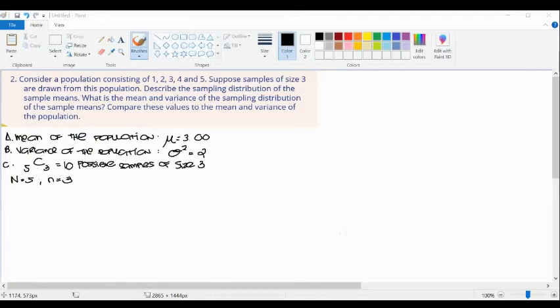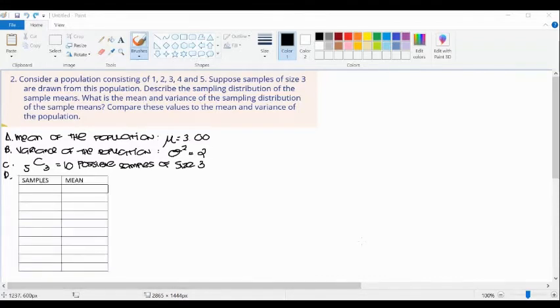For the possible samples of size 3, we're going to use 5 choose 3, or our combination formula. So it will give us 10 possible samples of size 3. Next step, we're going to list all possible samples and then their corresponding means. So we have 1, 2, 3. Next, 1, 2, 4.